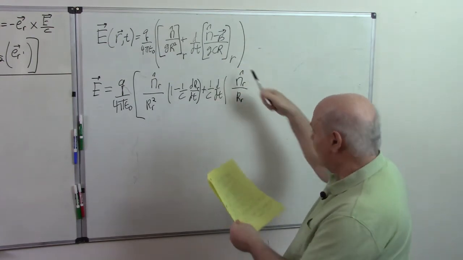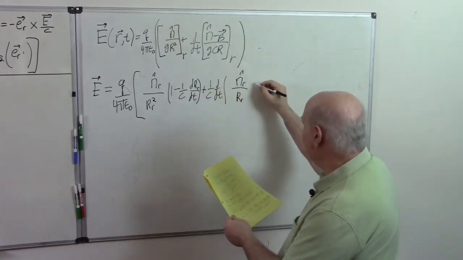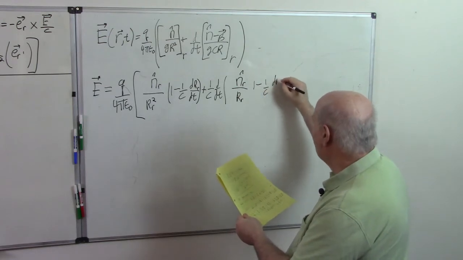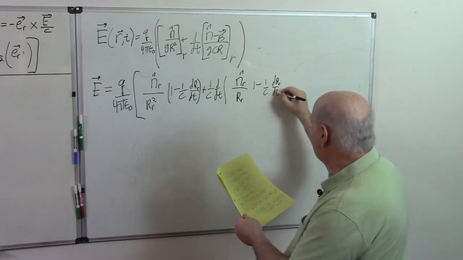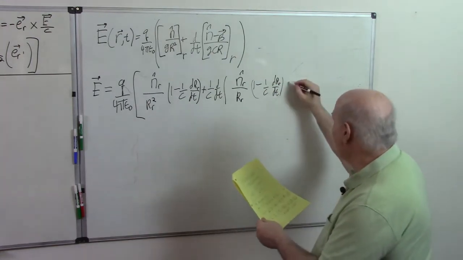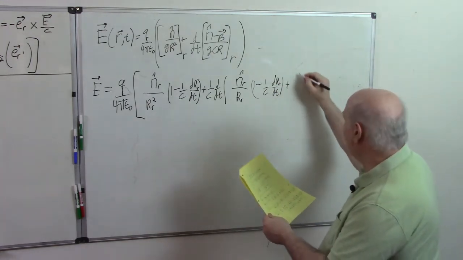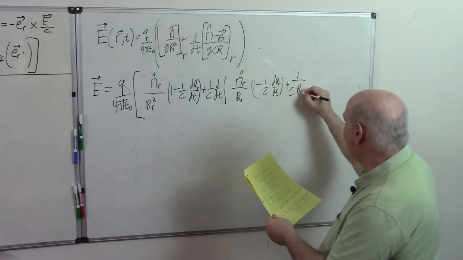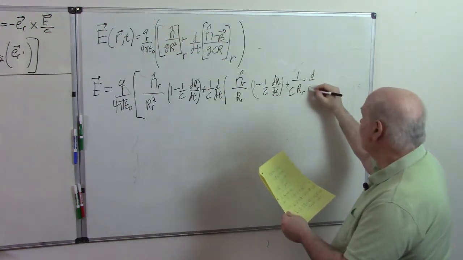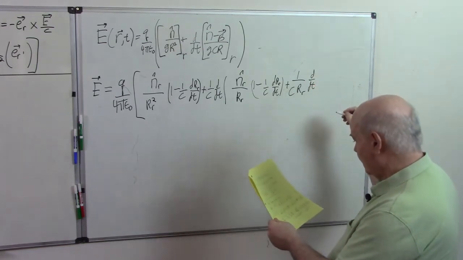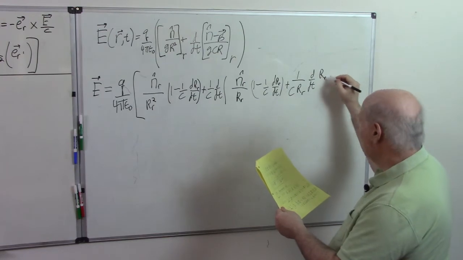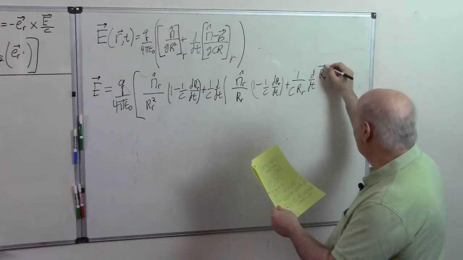The 1 over c came out, and then we have that 1 over g factor. 1 minus 1 over c d r_r dt plus 1 over c r_r d/dt of r_r.